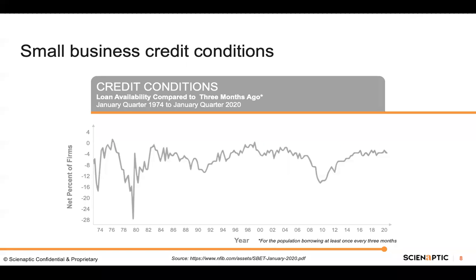It's again on the x-axis, it tracks what percentage of firms believe that they have access to credit versus net of the firms who believe they don't have access to credit.